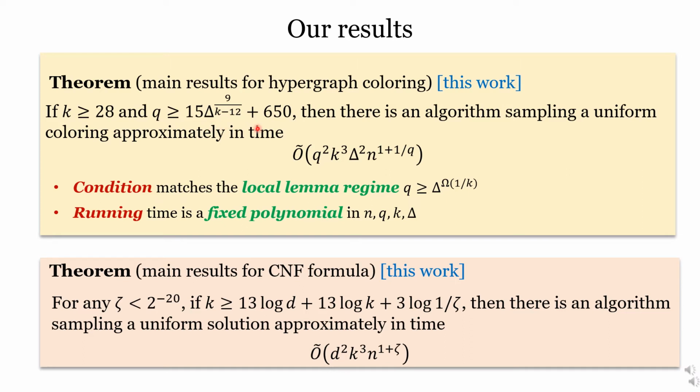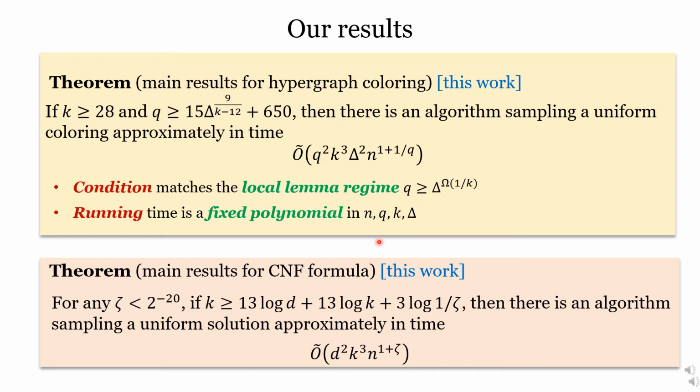Its running time is square of q times cube of k times square of delta times n to the 1 plus 1 over q. The condition matches the local lemma region q is larger than delta to the Omega(1 over k). And the running time is a fixed polynomial in n, q, k, and delta.